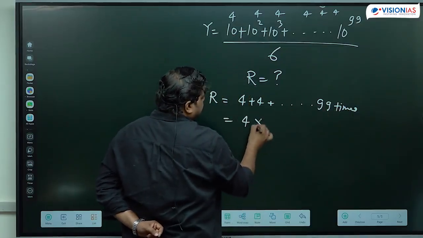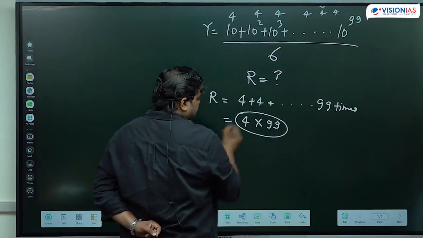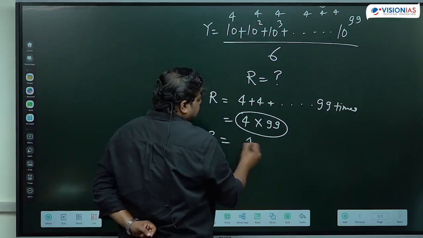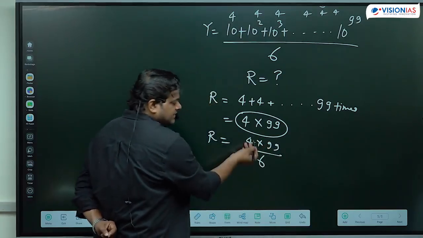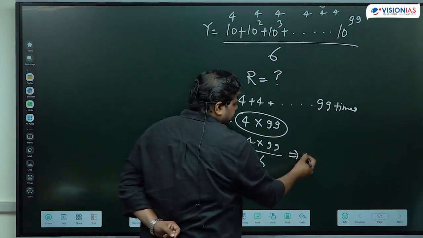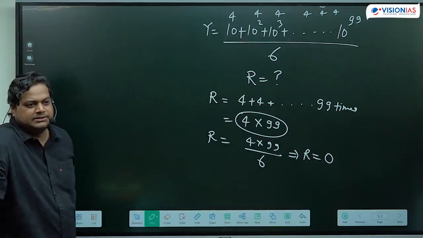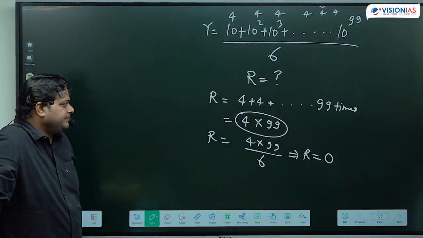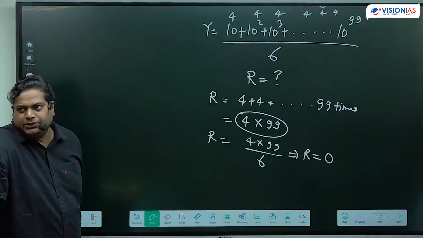That means 4 into 99. But this cannot be a remainder. We need to divide by 6. तो ये पूरा कट जा रहा है. We are getting remainder 0. So this way we need to check.